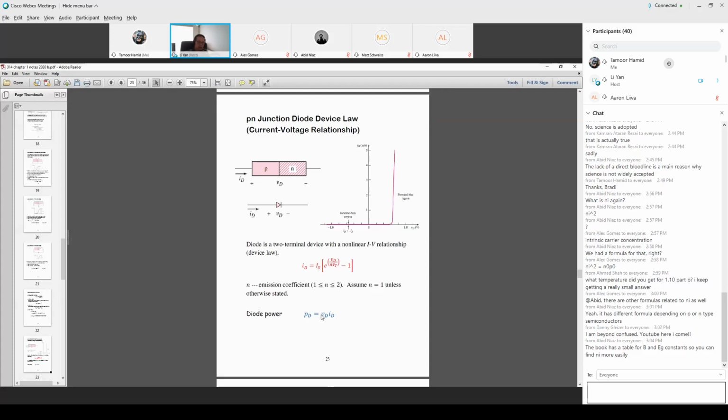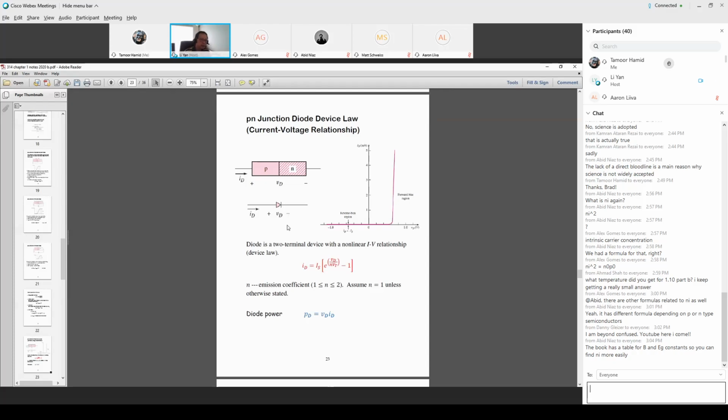Likewise, power is nominally V times I, but depending on how you define the voltage polarity or current direction, you may need a minus sign. For the diode, I give you the plus sign by default, because the definitions of current direction and voltage polarity are consistent with the positive sign convention. That's very important.